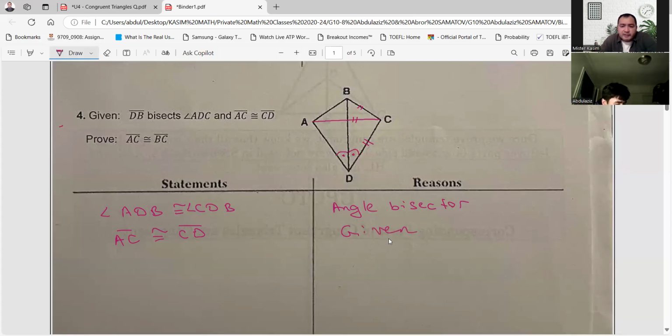And BD is congruent to DB, the reflexive property. So now to show that AC is congruent to BC, I need to show that these angles are the same.